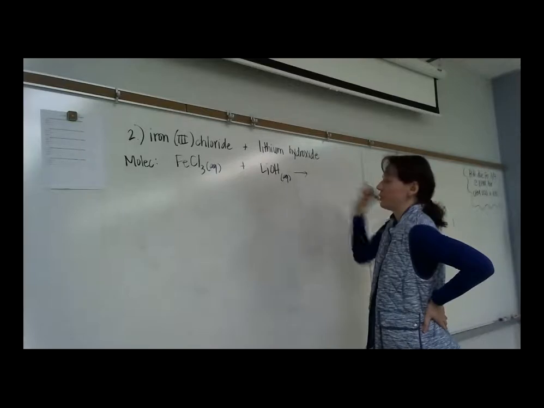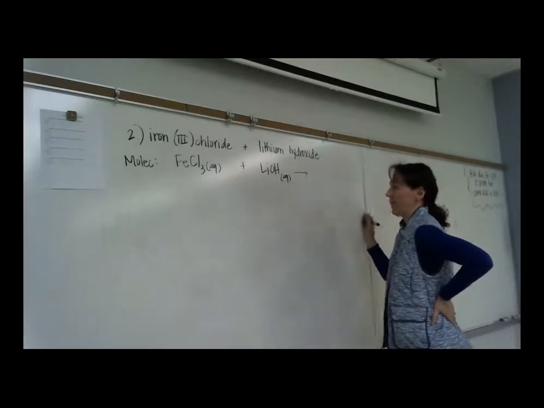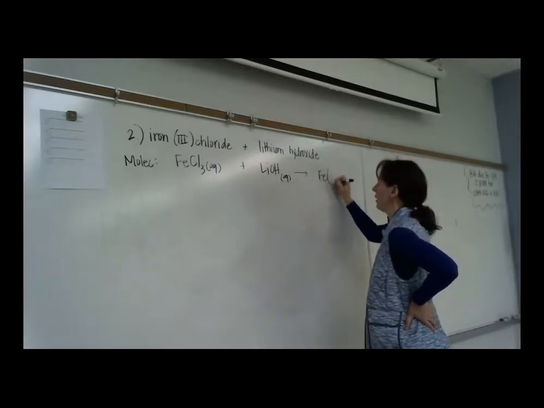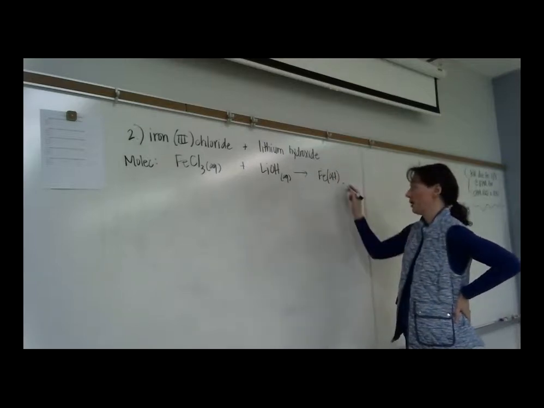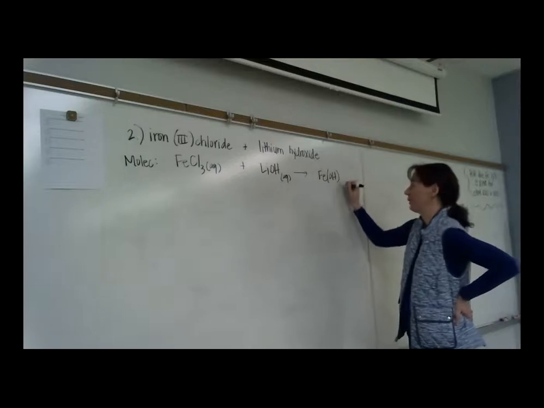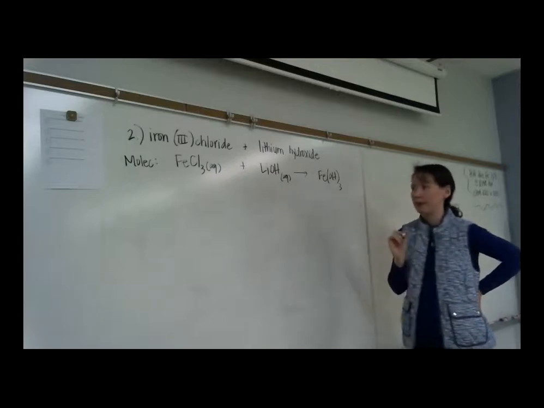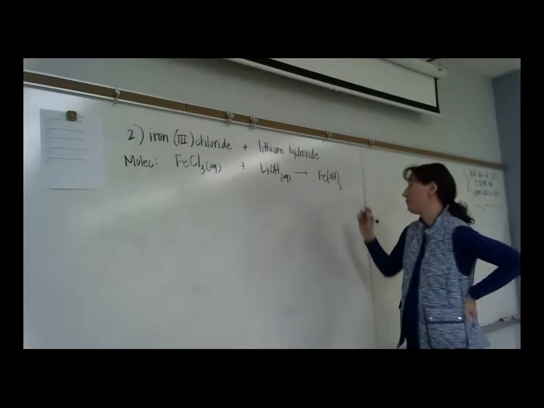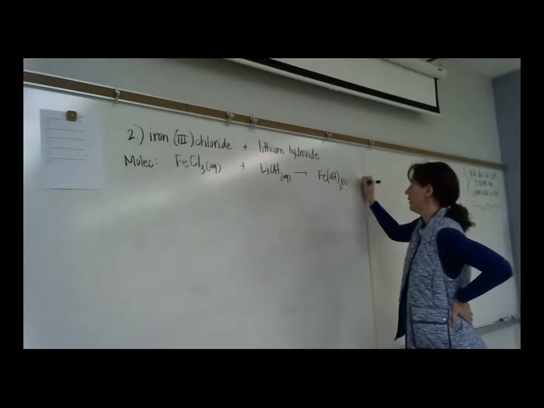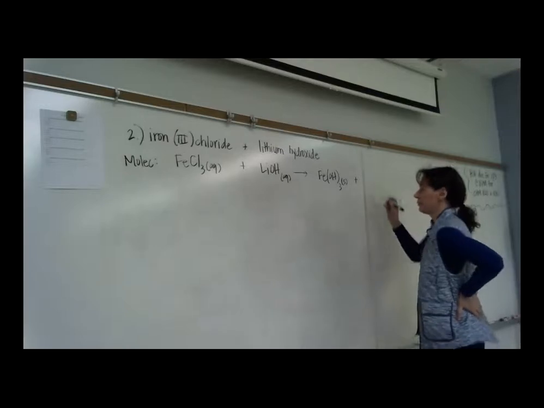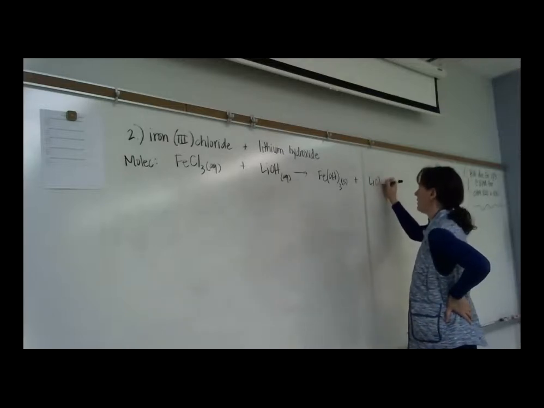And so this is double displacement, right? So we're going to get Fe(OH) what? How many OHs are there? 3. Is that aqueous or is that a precipitate? That one's a precipitate. What state does it get? S. Plus LiCl.